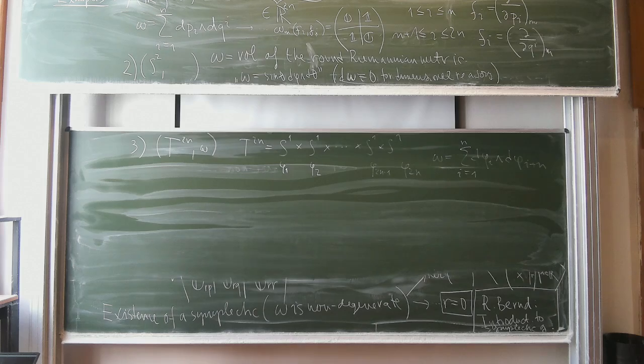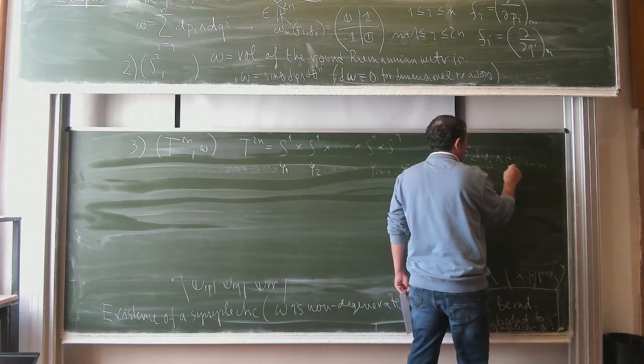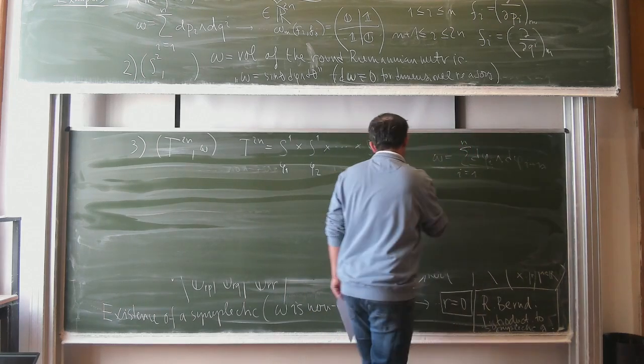Closedness is also easy by the Leibniz rule: d omega is d squared phi i wedge d phi i plus n, plus or minus 1 times the d on the second.